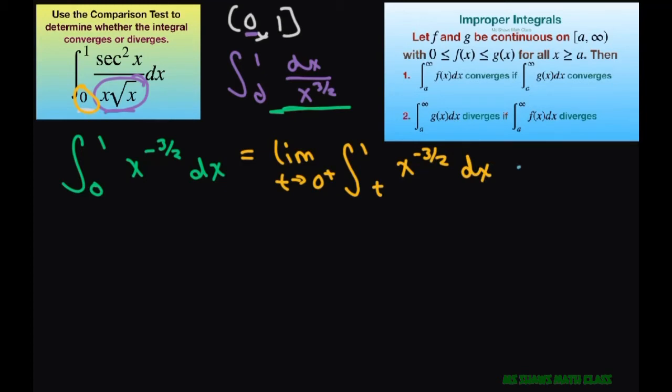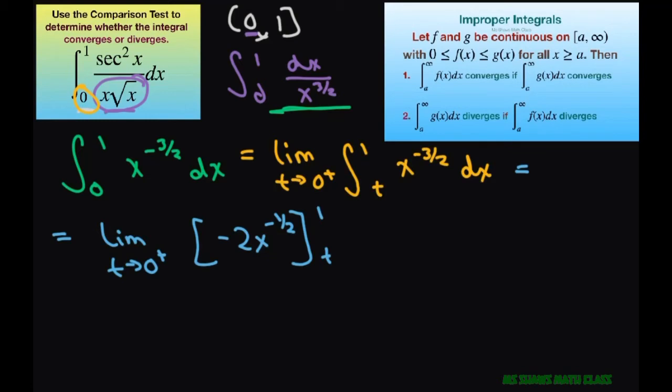Now this is going to equal, when you evaluate it, the limit as t approaches 0 from the right of negative 2x to the negative 1/2 power, evaluated from t to 1. This equals the limit as t approaches 0 from the right of negative 2 plus 2 divided by square root of t.